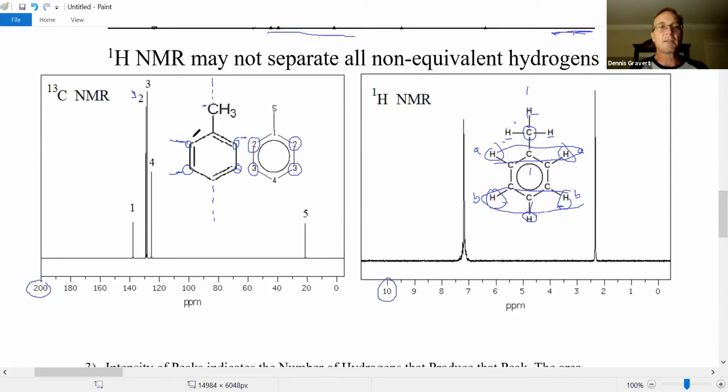What are we talking about? Well, carbon 2 and 2 over here are producing this peak that's labeled 2. There's 2 carbons producing that peak, so we expect the peak to be bigger because each carbon produces a peak, and there's 2 of them. They're overlapping, standing on top of each other. We expect that peak to be taller or larger, more intense.